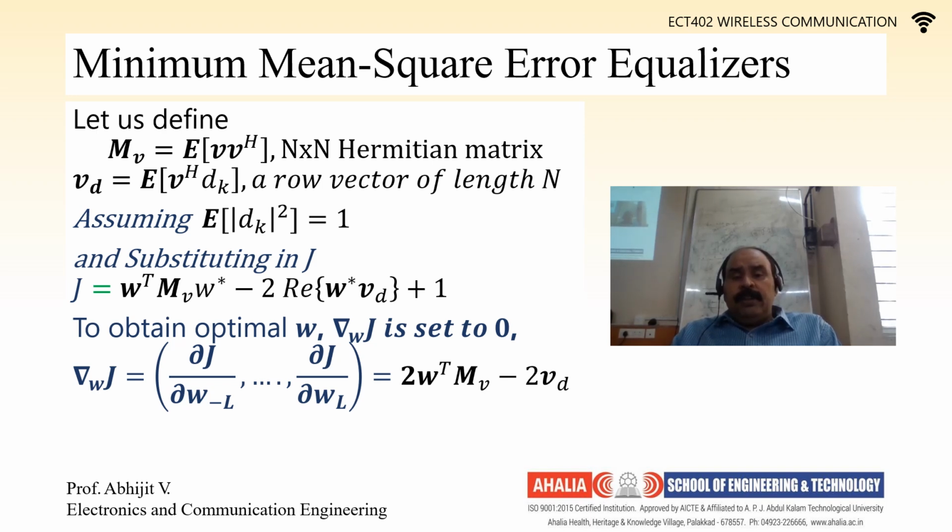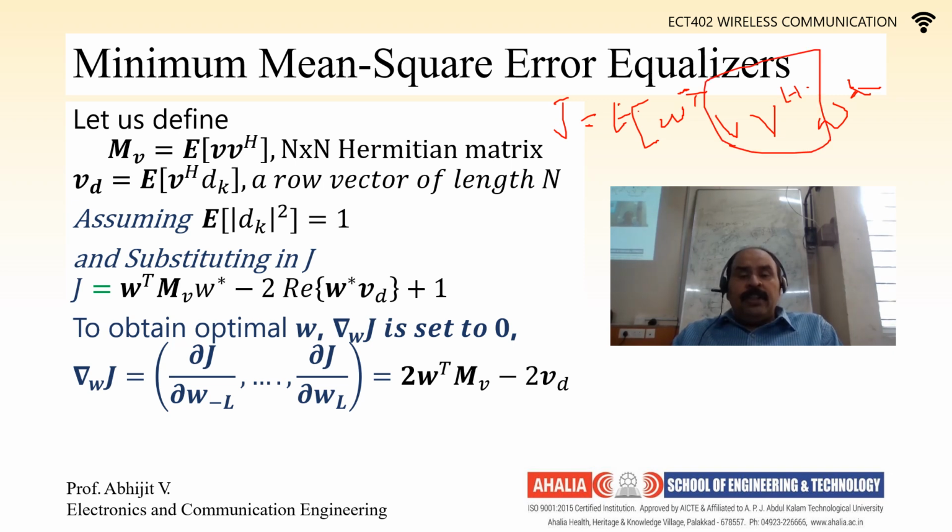we know that J, the value that we are going to minimize, J is equal to E of W transpose, that is the thing that is received before the matched filter, right? V the noise component, V^H W star, W conjugate. Now this V into V^H, we are defining as MV.